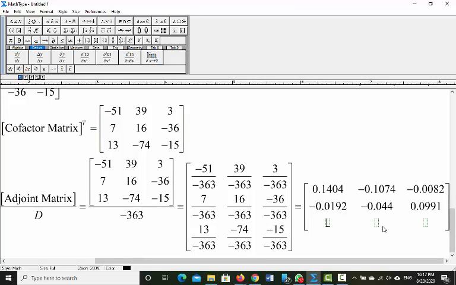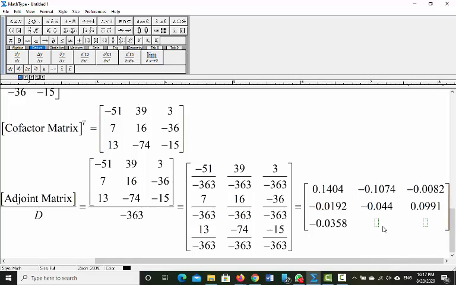If you divide 13 divided by minus 363, what we will get is minus 0.0358. Then minus and minus will cancel each other out, so 74 divided by 363.